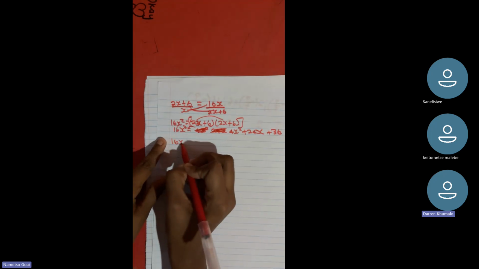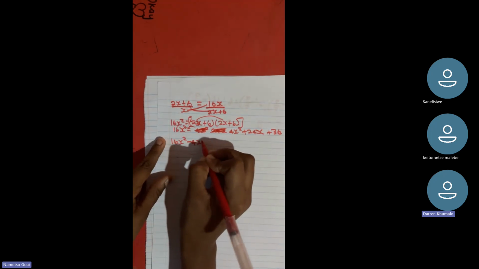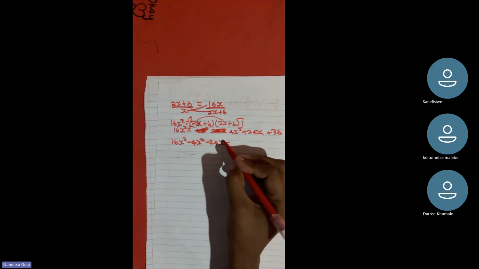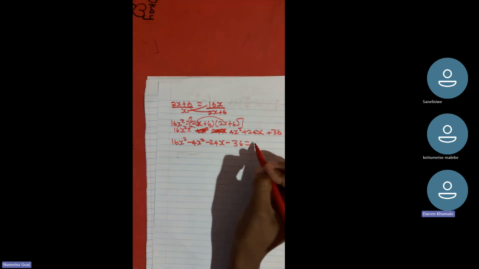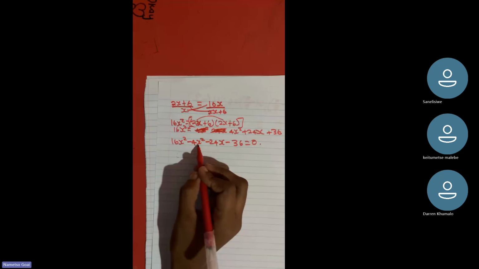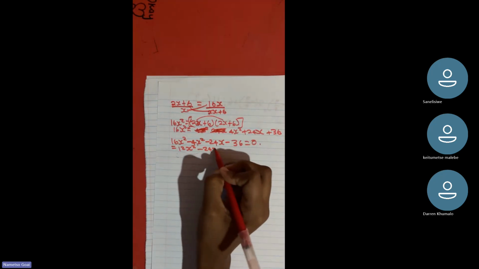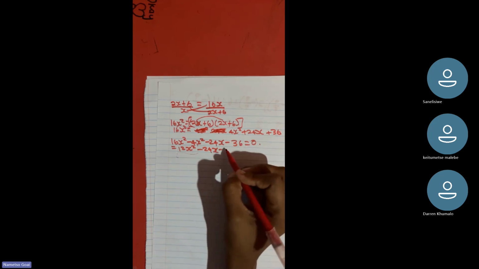So we have 16x squared minus 4x squared minus 24x minus 36 equals 0. So 16 minus 4 gives 12x squared minus 24x minus 36 equals 0.